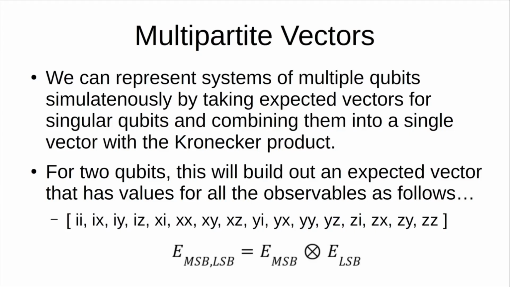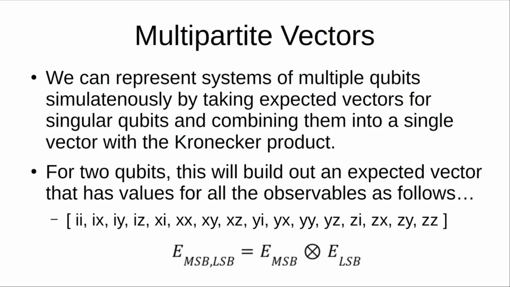If you notice, the next 3 elements are ix, iy, and iz. And if you multiply anything by 1, it doesn't do anything. So those are just equal to x, y, and z, but those are very specifically the x, y, and z of the least significant qubit. There are other places in the vector where we have xi, yi, and zi. So those would be equal to the x, y, and z values for the most significant qubit.